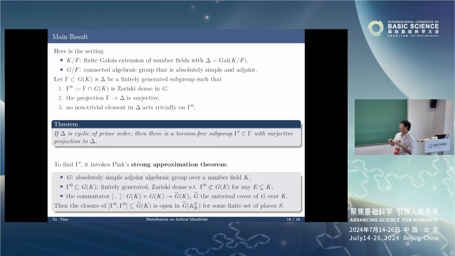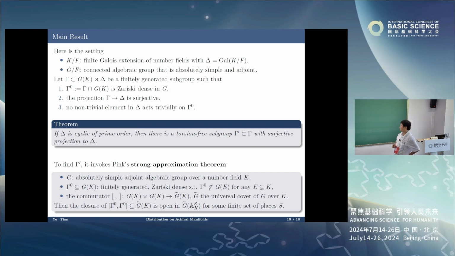Then you can think about this group commutator from GK cross GK to GK. But this commutator map can lift into the universal covering, which is simply connected, G tilde. So let's denote it again as this bracket, the commutator to the simply connected one. Now this universal covering is simple.